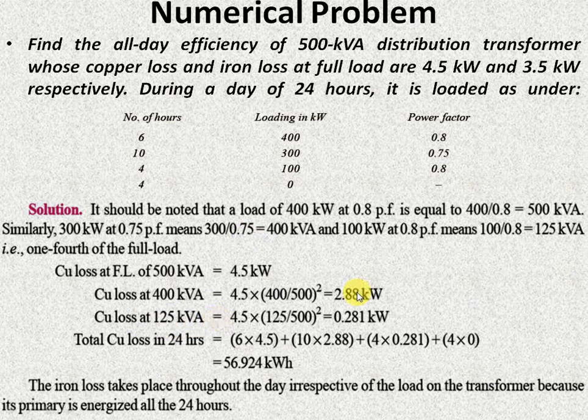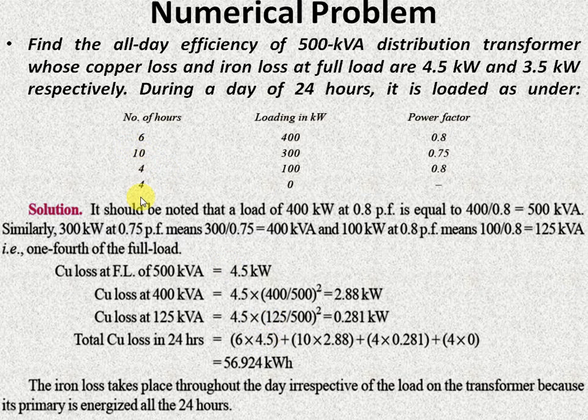Once all the copper losses during these different durations are calculated, we can easily find the value of total copper loss by multiplying each corresponding copper loss with the duration of time. That is, for the first 6 hours, the copper loss is the same as the full load copper loss, which is 4.5 kilowatt.